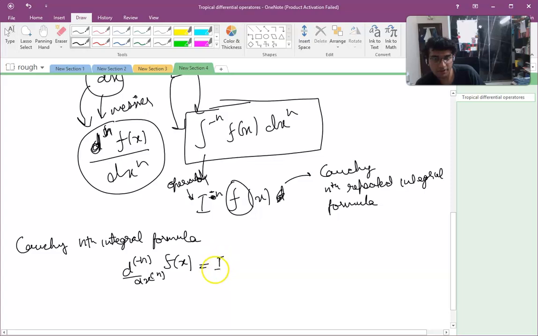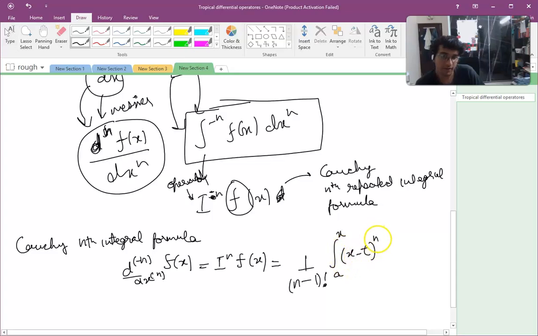This is given by 1 over (n minus 1) factorial, times the integral from a to x of (x minus t) to the power of n minus 1, f(t) dt.